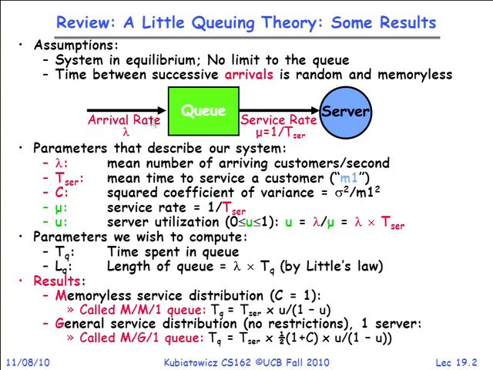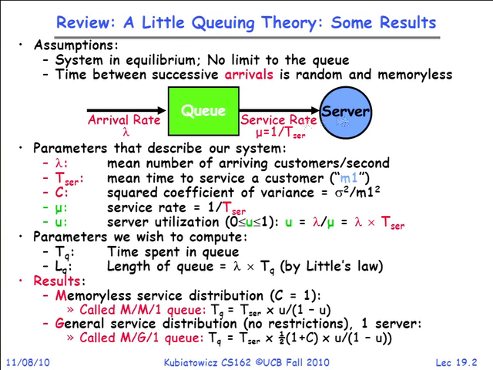The three parameters of the queuing model we gave you are lambda, t service time, and c for the server. I suppose I should say this is c sub ser. Once you've got those three parameters, you're good to go, because everything else is derived from them. The arrival rate is the number of things coming in per unit time, and the assumption is that this is a memoryless distribution.